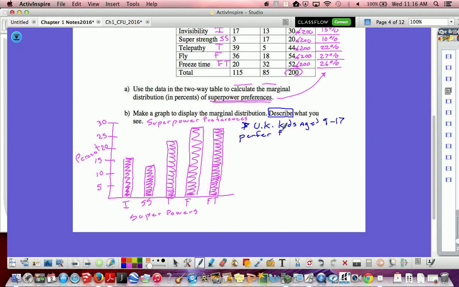Flying first, then freeze time, and telepathy.